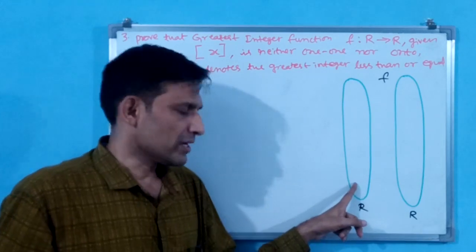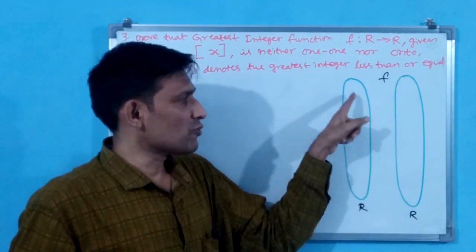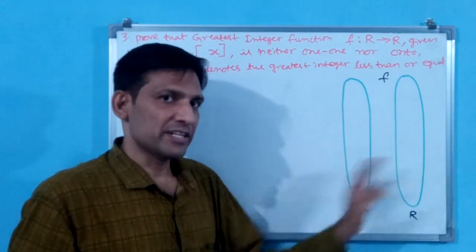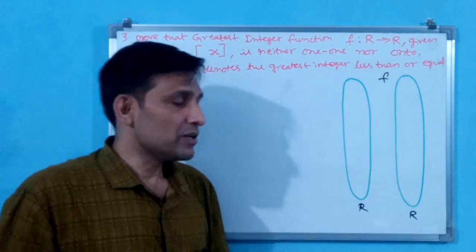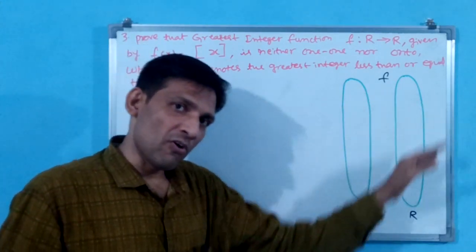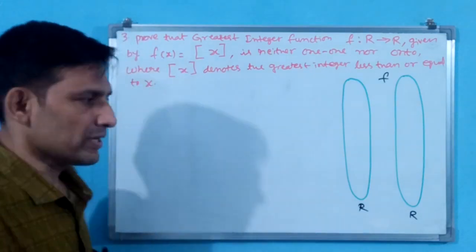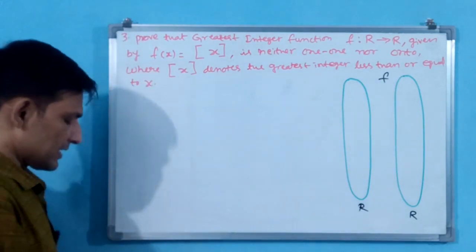And rational numbers will be there, 2 by 3, 3 by 2, like that, on both sides. Irrational numbers also will be there, root 3, root 2. All will be there in real numbers.